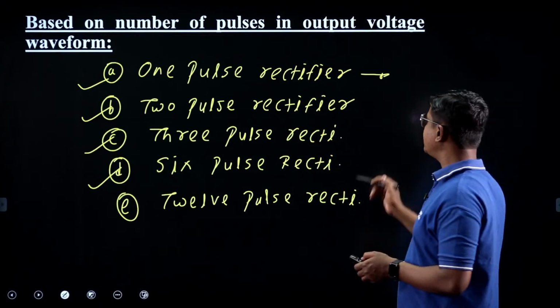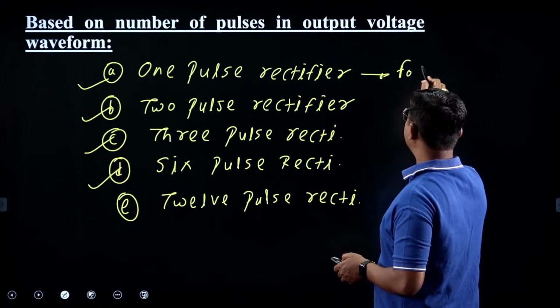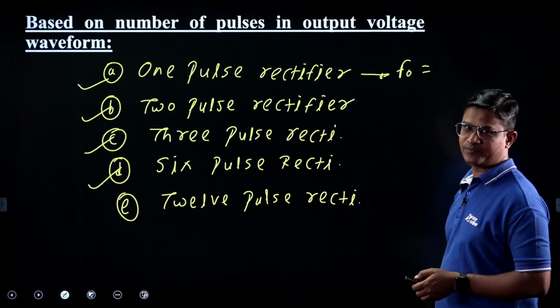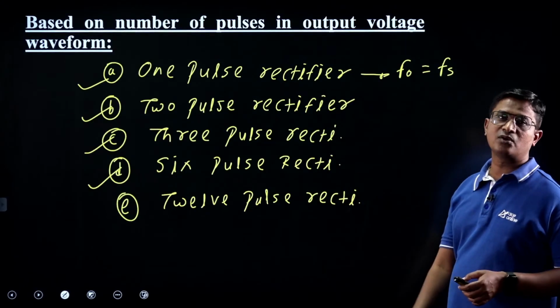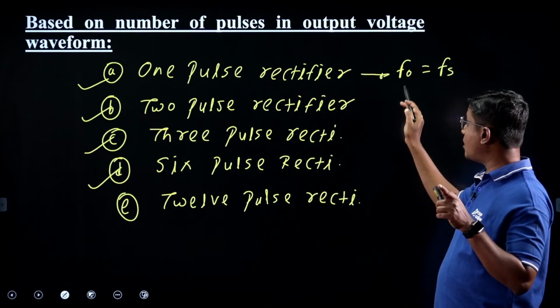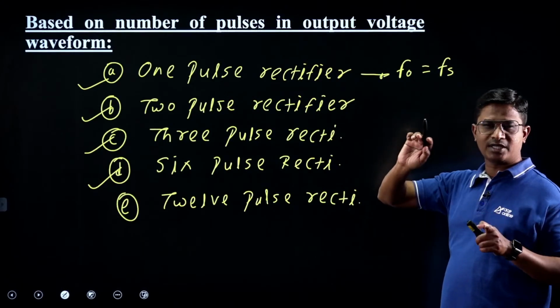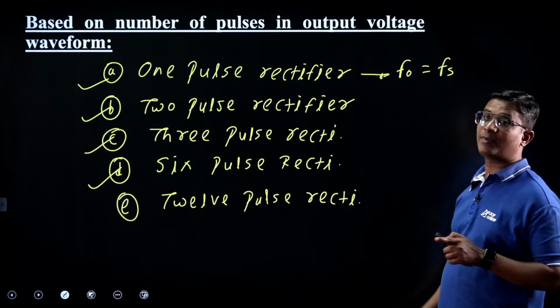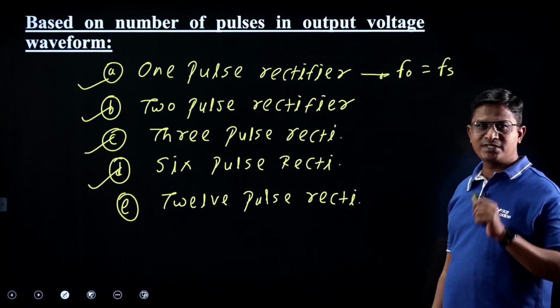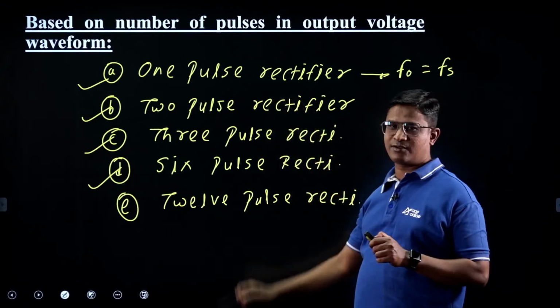For these rectifiers, the output pulse frequency or ripple frequency is the same as the supply frequency. F0 is equal to Fs. F0 means output ripple frequency, also known as pulse frequency, and Fs means supply frequency. Which rectifier is known as a one pulse rectifier?